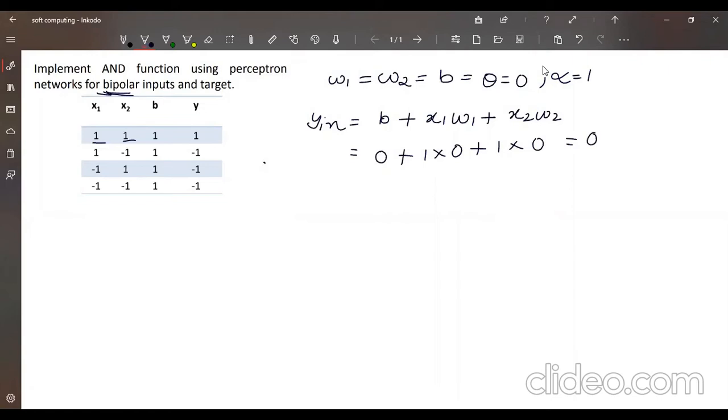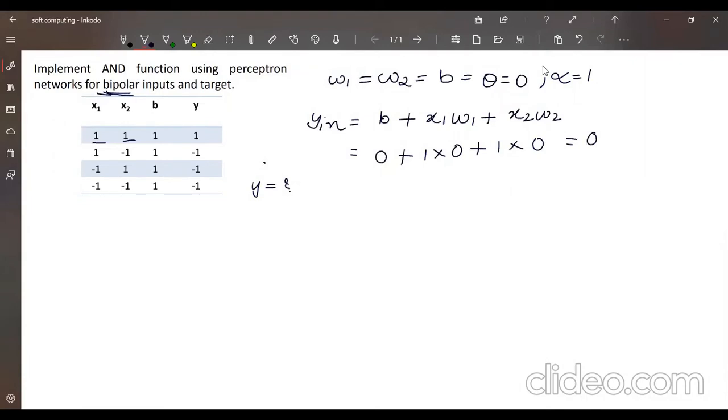Now we have to calculate the output Y. We will find the value of Y through the function mentioned in the question. They have given bipolar, so we have to use the bipolar activation function.